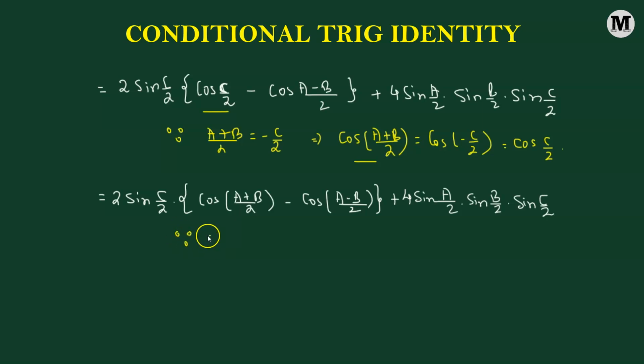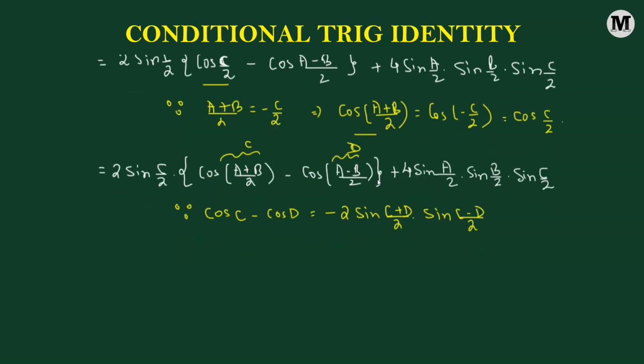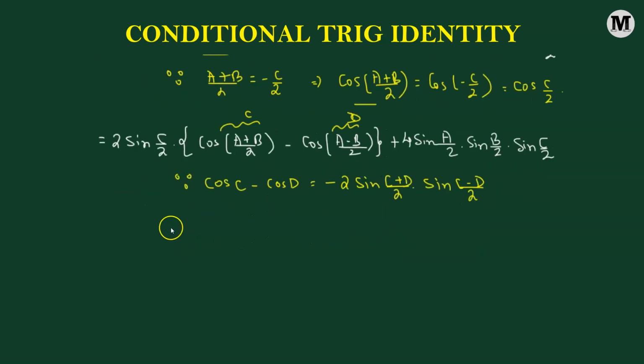So here we're going to use the fact that cosine of C minus cosine of D equals negative 2 times sine of C plus D over 2 multiplied by sine of C minus D over 2. So here we can assume A plus B over 2 to be C and A minus B over 2 to be D. Okay.